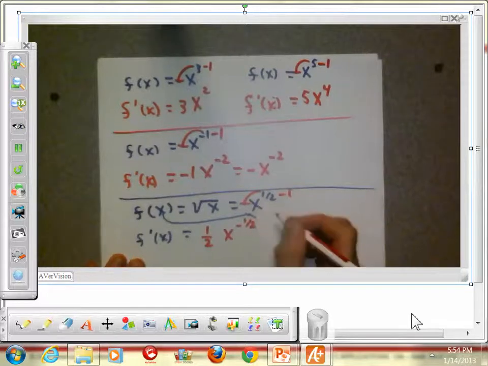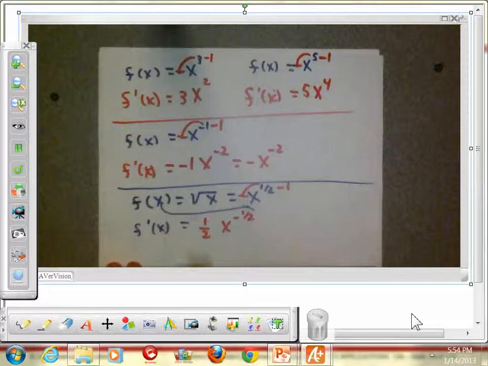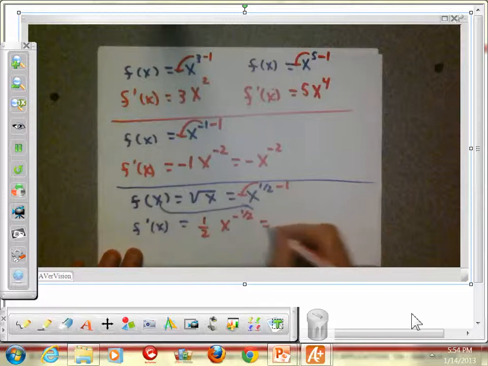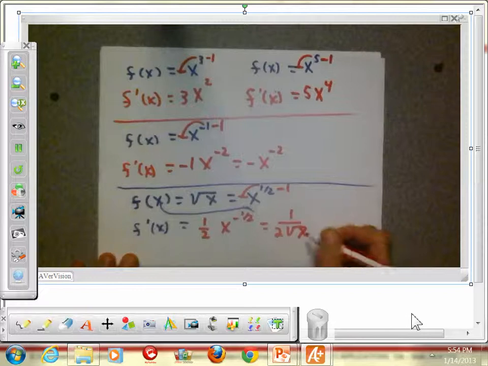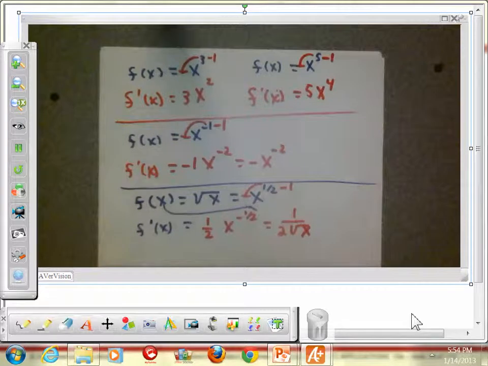So if you're looking at the function f of x equals the square root of x, the derivative is equal to 1/2 x to the negative 1/2, which is equal to 1 over 2 times the square root of x. And that's just some algebraic manipulation. And again, if you haven't seen that or you're uncomfortable, come see me. Stop by the Math Learning Center or even the online sessions that they're having, and we're going to get some more info on that tomorrow also.